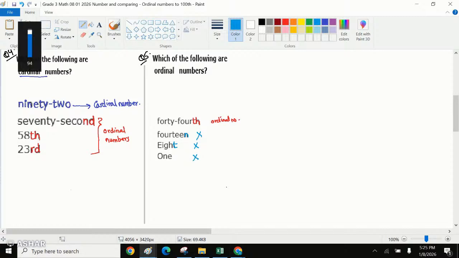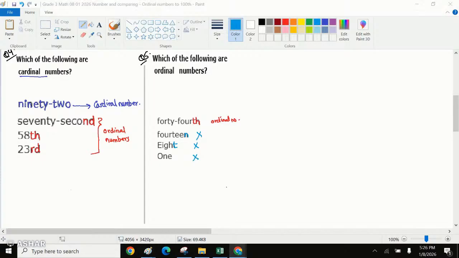When the number is ending with th, rd or nd, any of these three, it is an ordinal number. So only the first option, 44th, is the ordinal number.